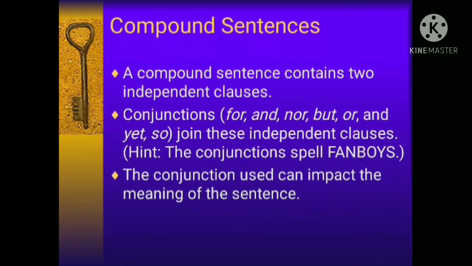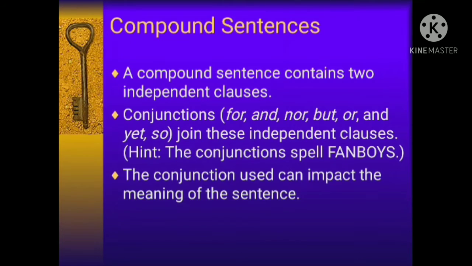Now let's move on to compound sentence. What is a compound sentence? A compound sentence contains two independent clauses, and those two independent clauses are joined by coordinate conjunctions, that is FANBOYS, as you can see in the bracket: for, and, nor, but, or, yet, so.